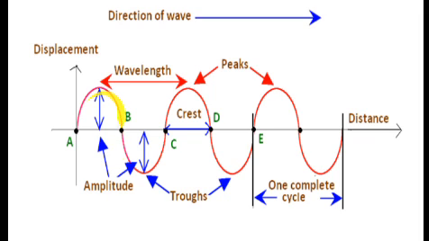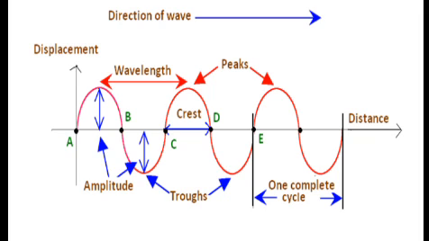So in here there are 1, 2, and 3 wave cycles. So those are the basics. And one more thing, there's amplitude here. Amplitude is the displacement of the wave from its initial position to its maximum or to its minimum point.